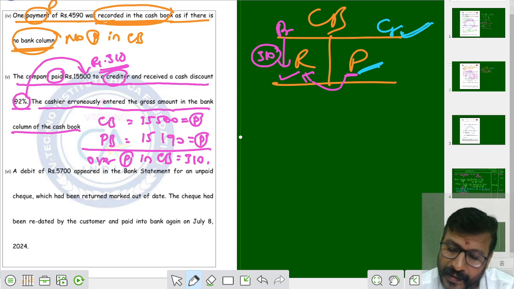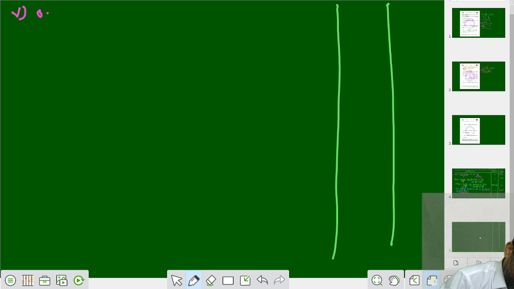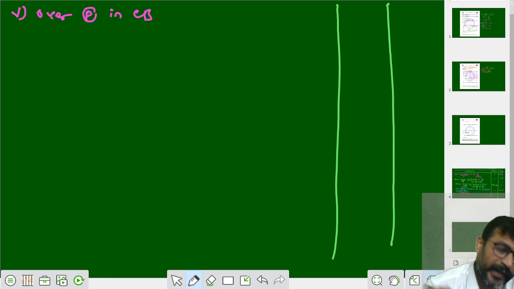Shall we make the entry now? See what happened. Here, which point is it? Point number 5. Overpayment in the cash book means over credit in the cash book. We have to take it on the debit side, an amount of rupees 310.